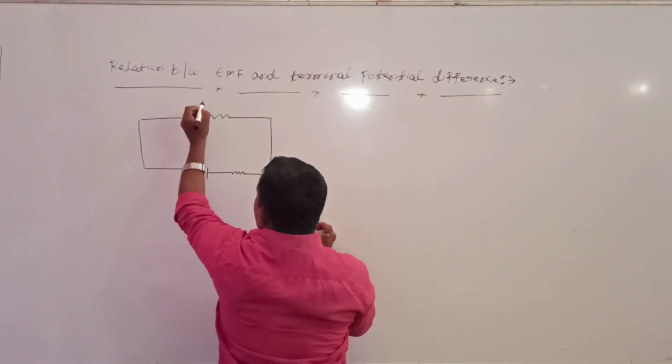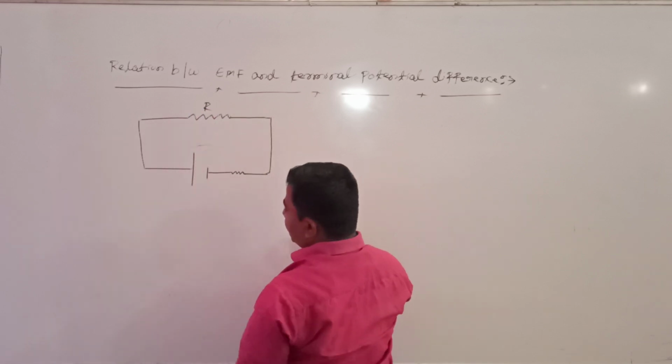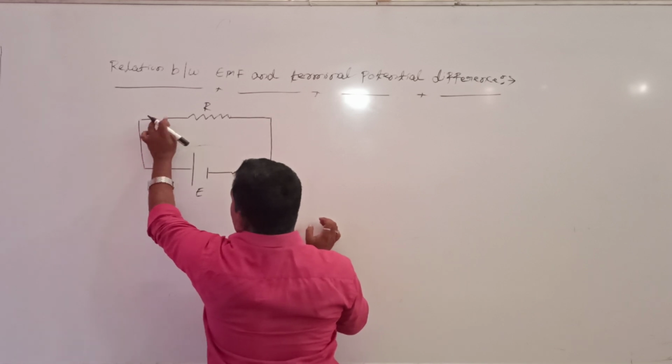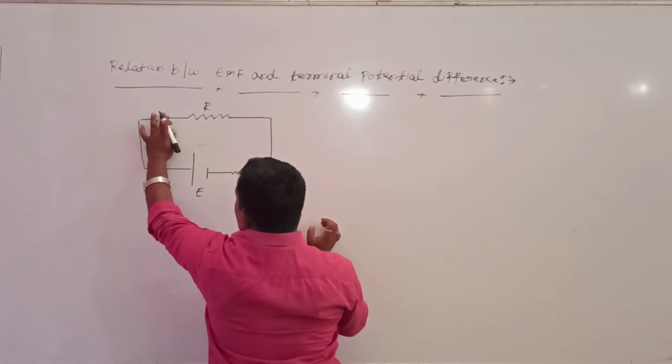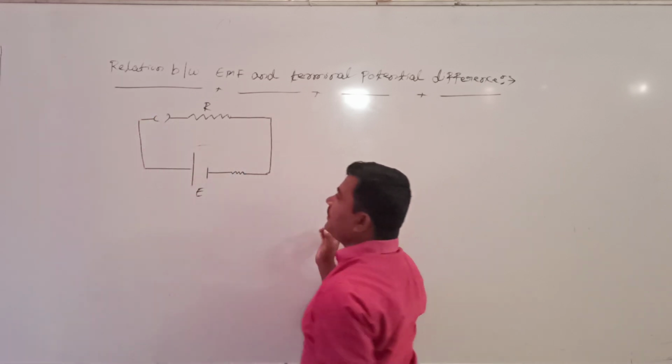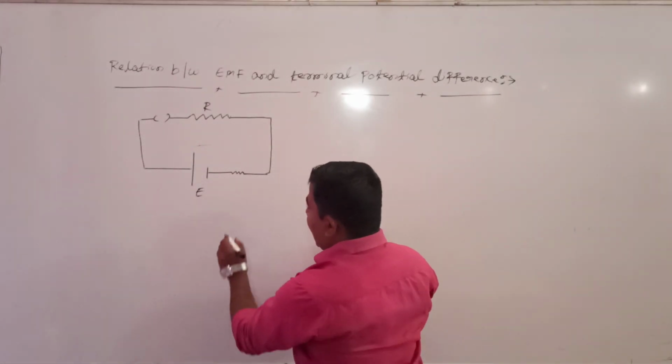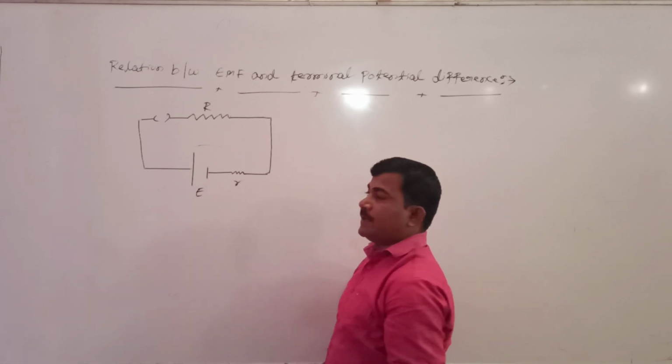This is the external resistor R. This cell has EMF E, and this is the key. Consider it is the key, with one end of the key taken. The cell of EMF E is available and internal resistance r is available.